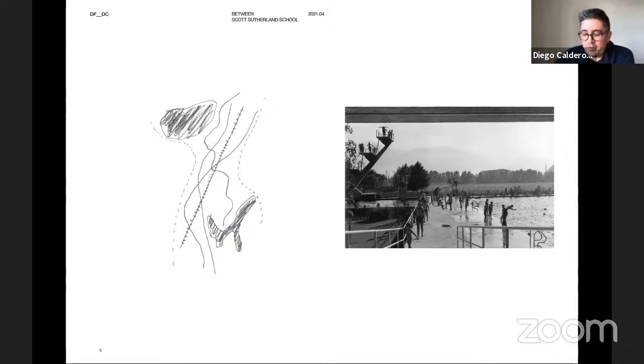But the most interesting element of the territory within which we were formed was not the cities themselves, but everything that was in between the medium-sized cities, the territory per se. And in this particular case, you have this image of Switzerland as this very mountainous country and landscape.